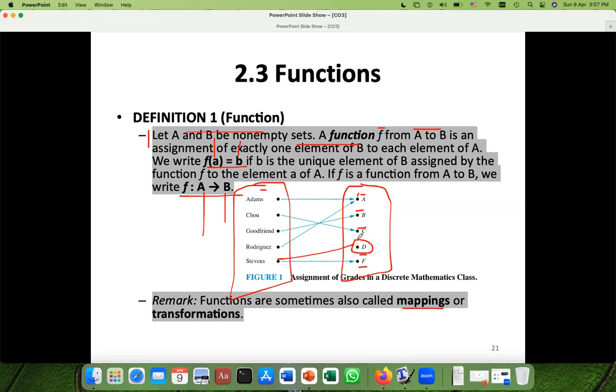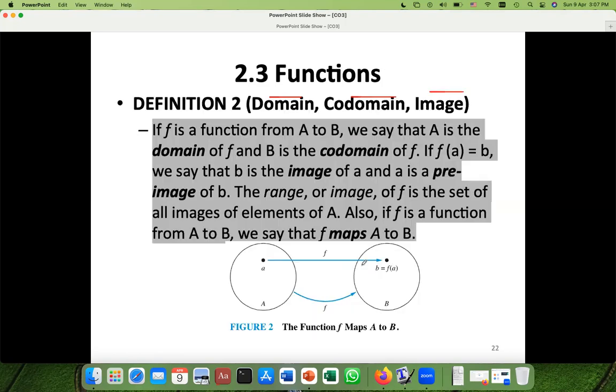So A, B, C, and F are called the image of A.